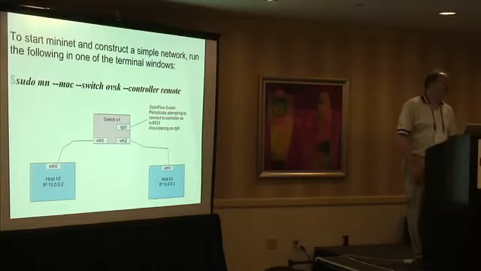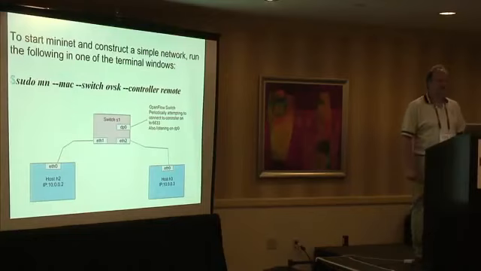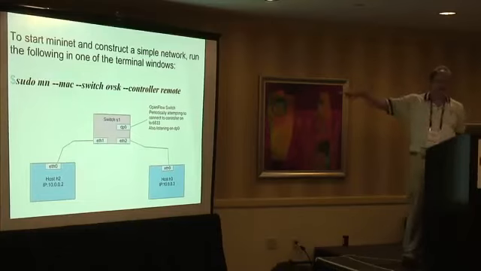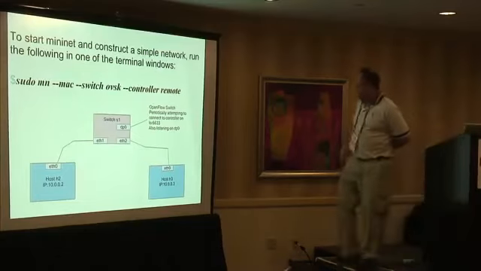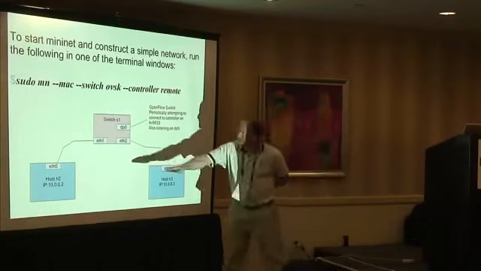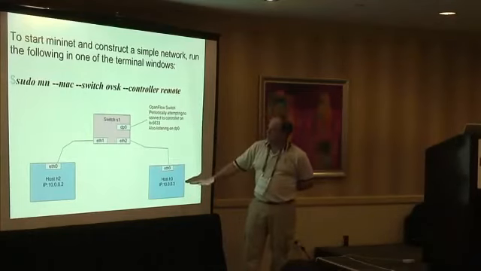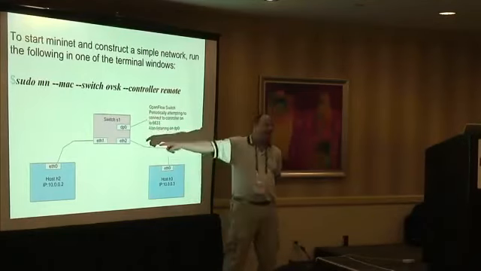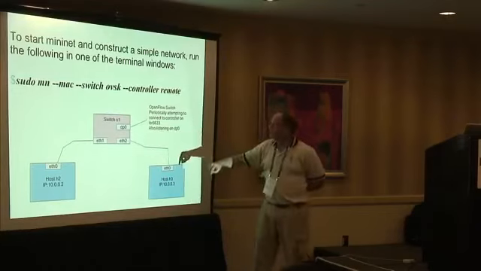If you get asked for the password, it's OpenFlow, lowercase. You're going to create a topology that looks like this. It's going to create a host 2 and a host 3 and one switch, and this switch is an OpenFlow switch.